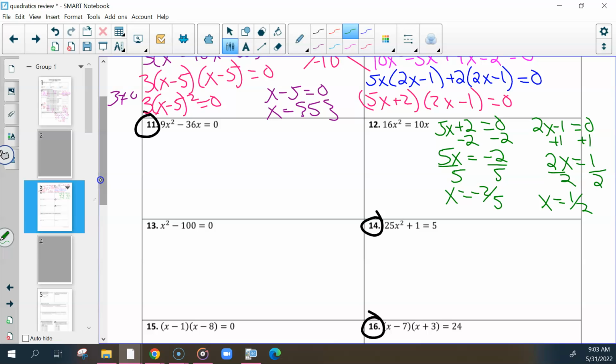Sometimes you'll just get one and a whole number. It depends if they can be simplified or not. So your solutions for this one would be negative 2/5 and 1/2.